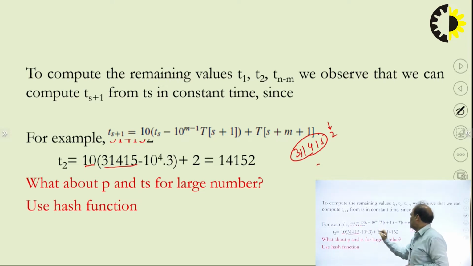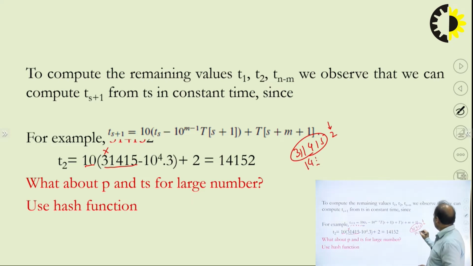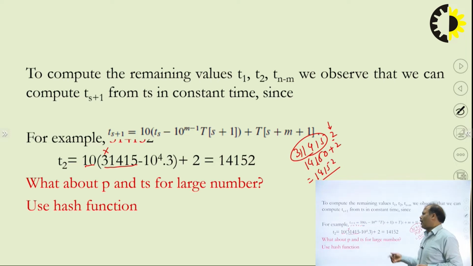Here, 10 to the power 4 times 3 is going to be removed from this, and then multiply by 10. So what will happen? This will become 150, and then the next number is added to become 14152. That is the concept of getting the value of the next text, the next character of the text.